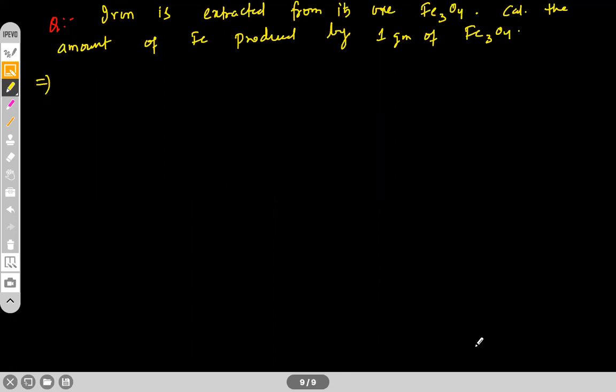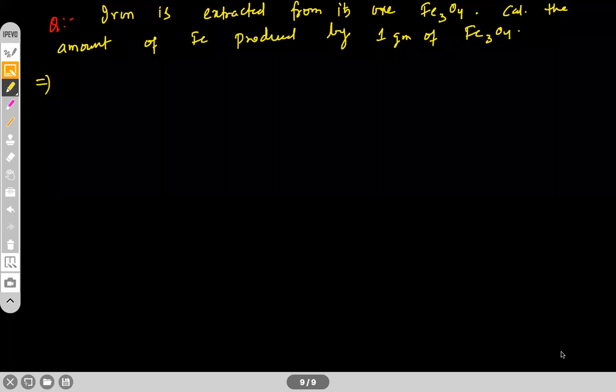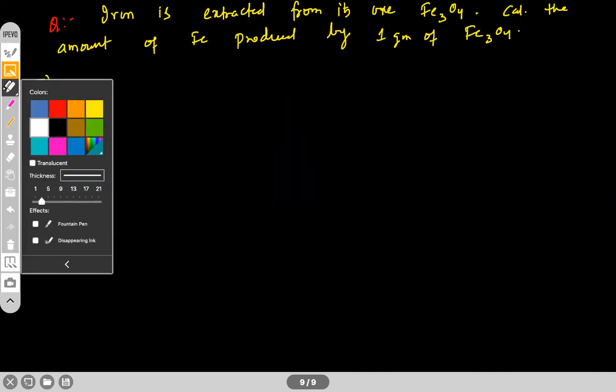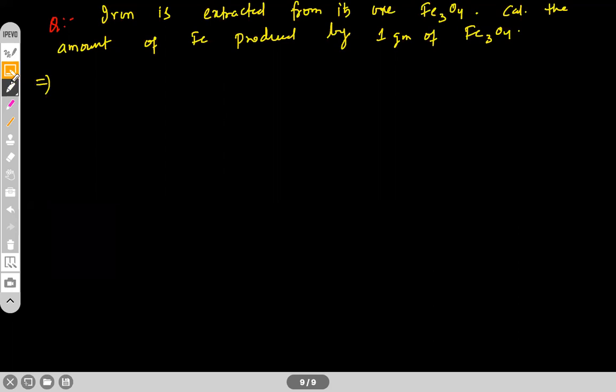Anyone? Did you get the answer? No, it's not. It's not 3 gram. See, you try to understand this. Now, in this question, what happens? Obviously, reaction is not given, right? What do you know? What is given in the question?